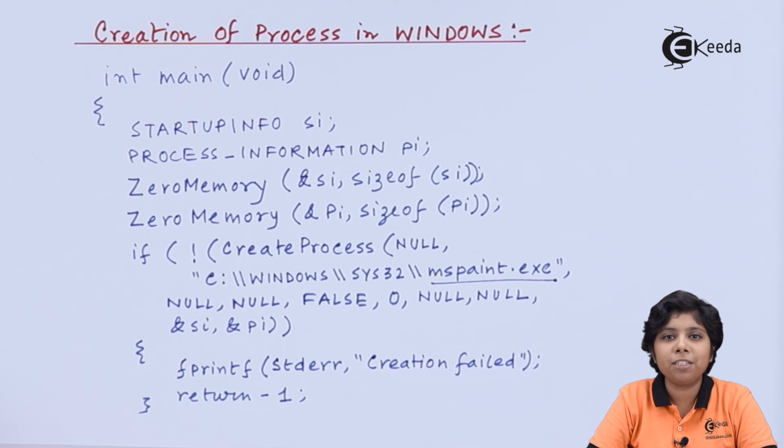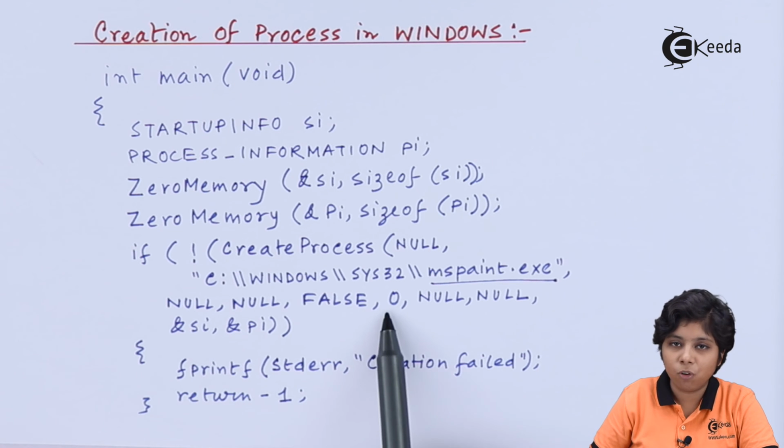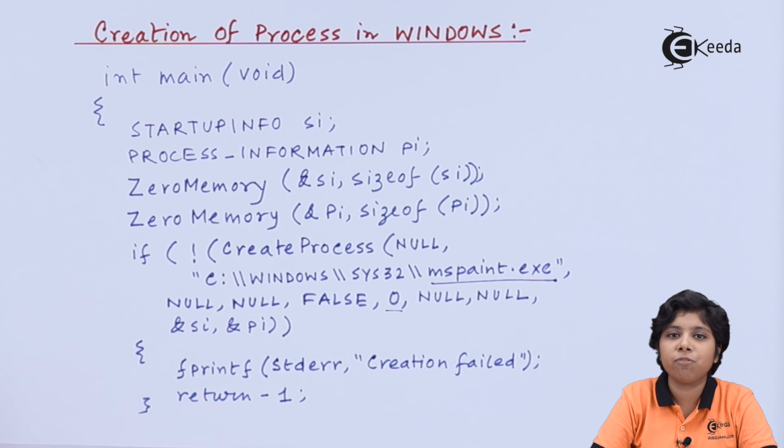Now the next parameters are default values when using the CreateProcess command. What are they? They are the handle to the process and the handle to the thread, which are given here as null. Again, the false parameter shows that the parent process is not giving the child process inheritance of its address space. And by declaring 0, we are specifying that we have not created any flag.